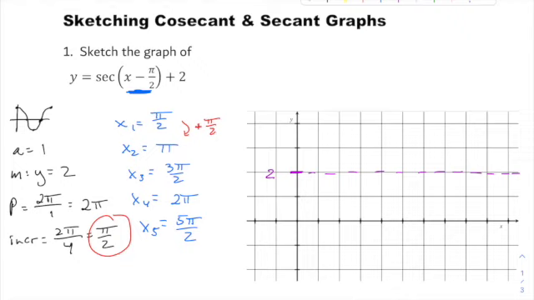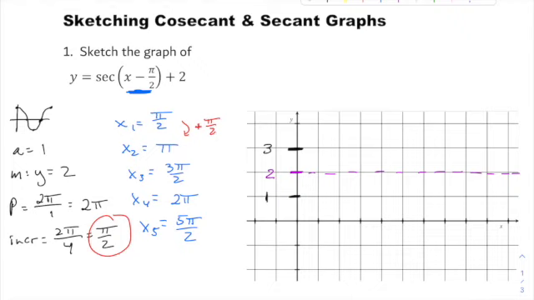And the amplitude is 1, so if I were graphing the sinusoidal graph, 3 would be the maximum, and 1 unit below that midline would be at positive 1, so your range would be everything between 1 and 3.